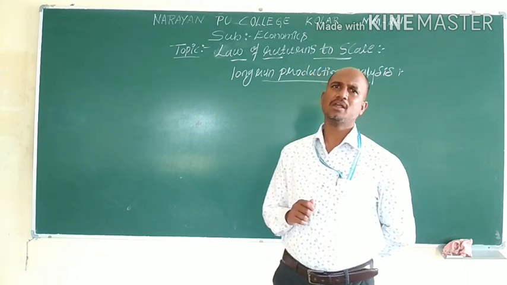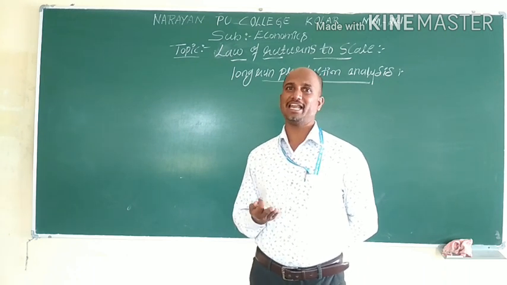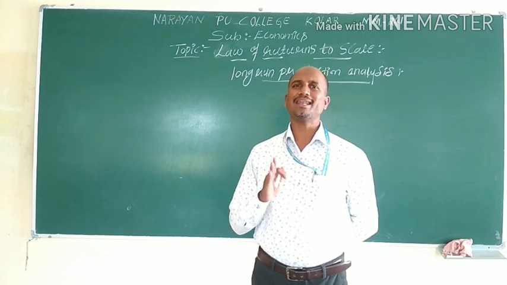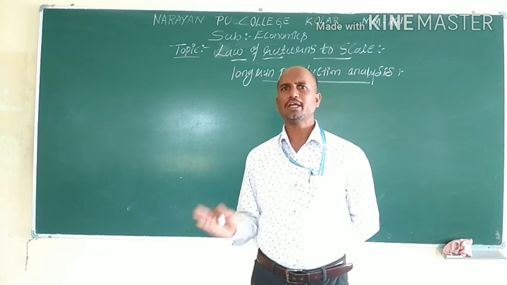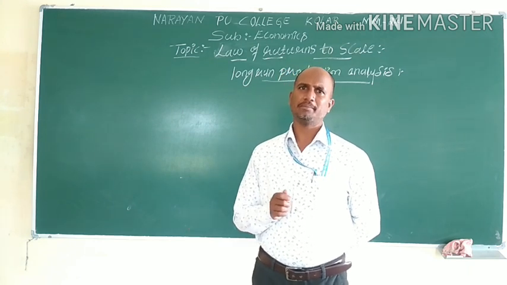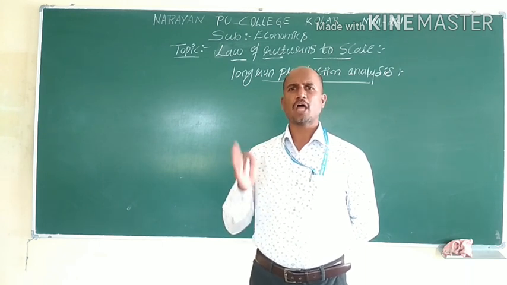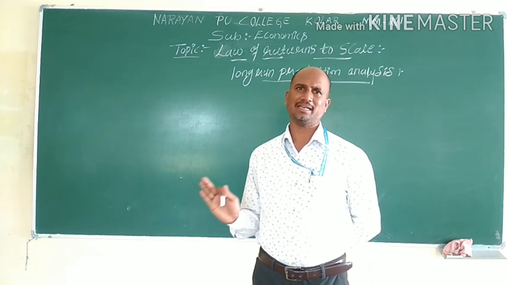So, what is the statement of the law of returns to scale? Once again, the law of returns to scale explains the relationship between varied inputs and the output in the long run. It means that by changes in the input, the output also changes in the long run.